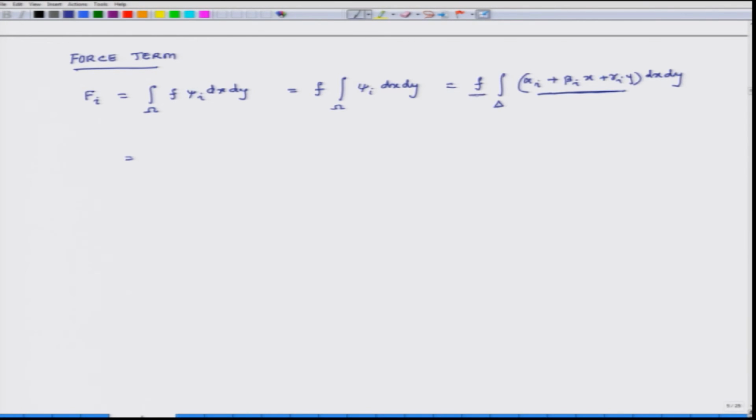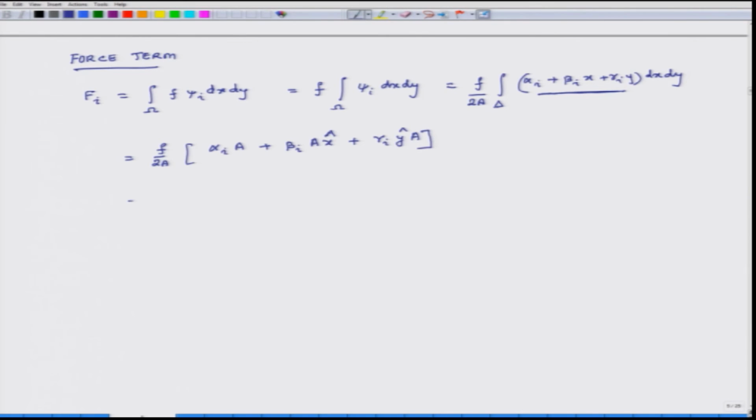Okay. So, this is equal to, and there has to be also a 2a in the denominator. So, this is equal to f by 2a times integral of alpha_i dx dy is alpha_i times a, integral of beta_i x dx dy is beta_i times a x hat, and integral of gamma_i y dx dy is gamma_i y hat a.